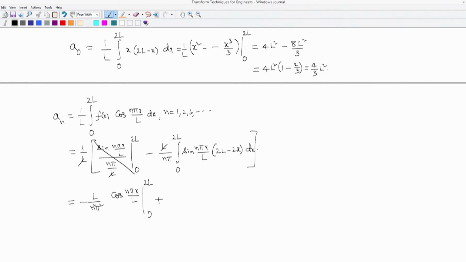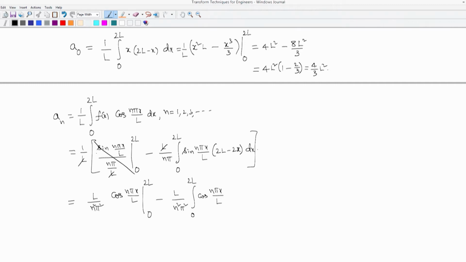So, minus cos n pi x by L divided by n pi by L. So, L divided by n pi comes out, this is already plus here, and this is going to be minus, minus plus, and again one more minus comes in here. So, you have minus L by n square pi square integral 0 to 2 L cos n pi x by L.